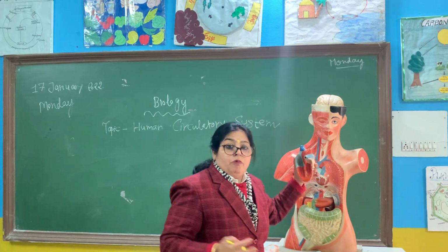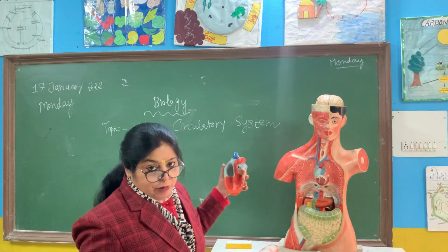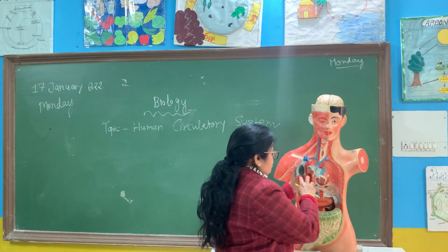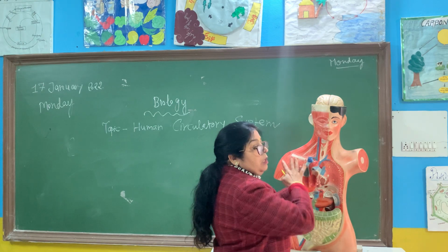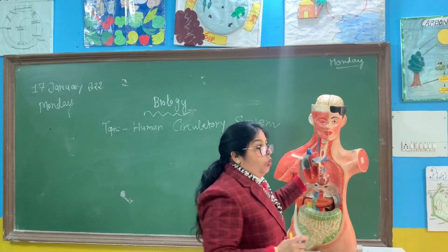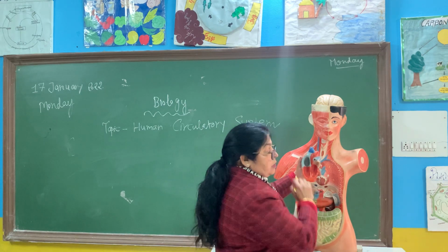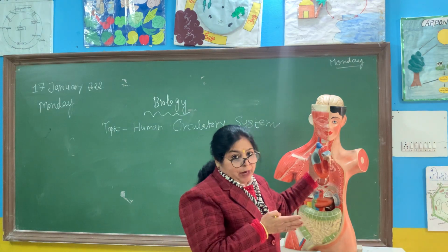So now, why are the bicuspid and tricuspid valves there? This is the reason both these valves are present, so that the blood doesn't backflow. You all know, if these bicuspid and tricuspid valves are not present, the blood may go back.